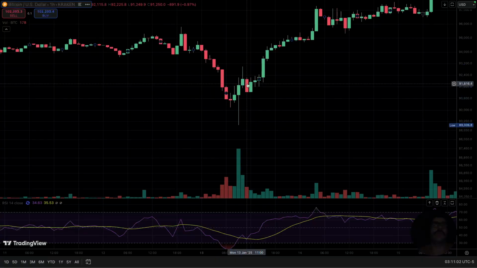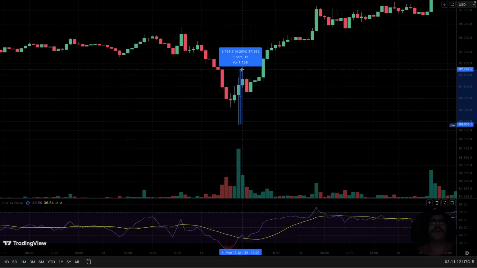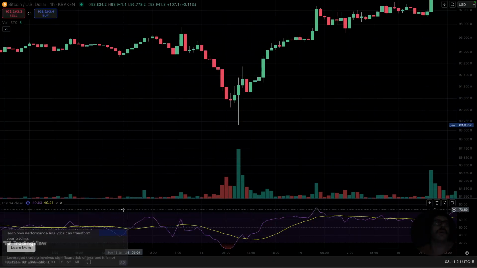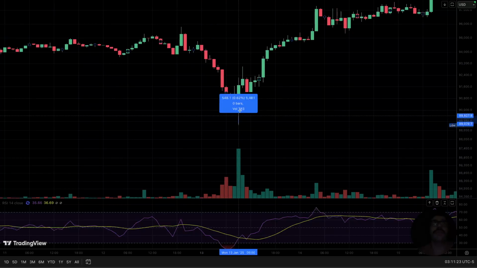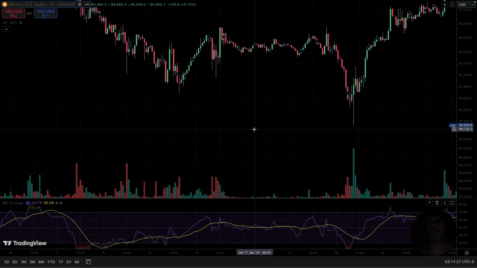Let's say you have 100k invested, you put 1% of your net worth, so you put 1k. And then in 2 hours, you get back 400 bucks. So you just increased your 100k net worth by 0.4% in 2 hours, which is pretty good. But of course, it is risky. It can keep dropping and everything.